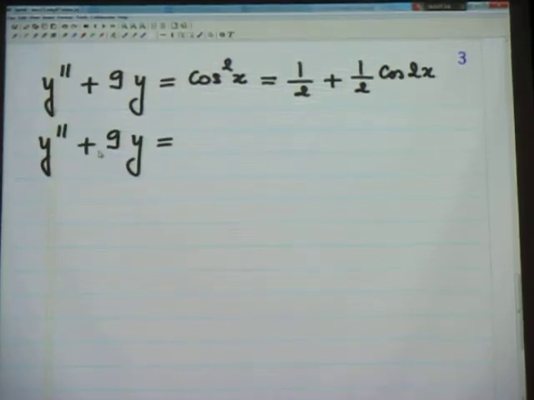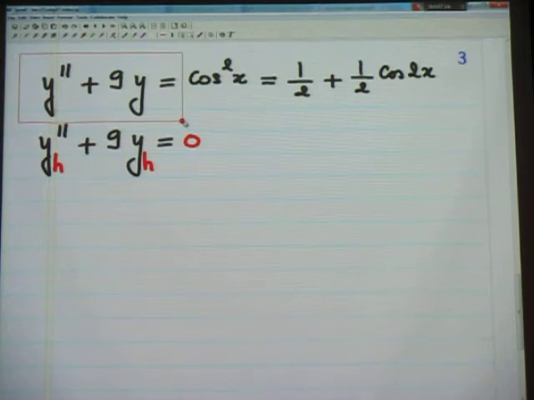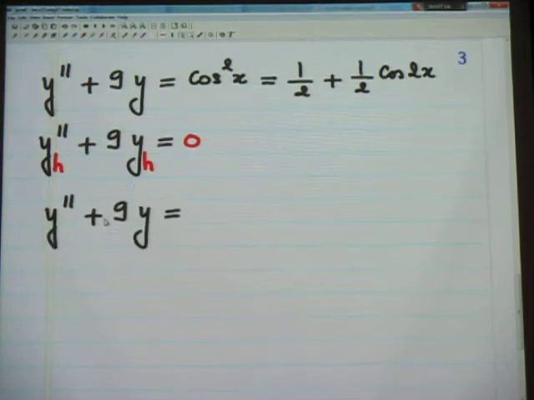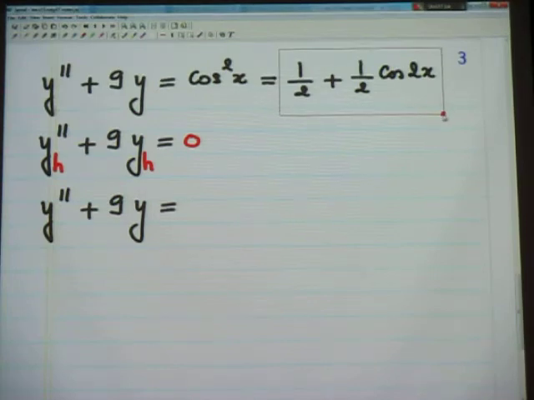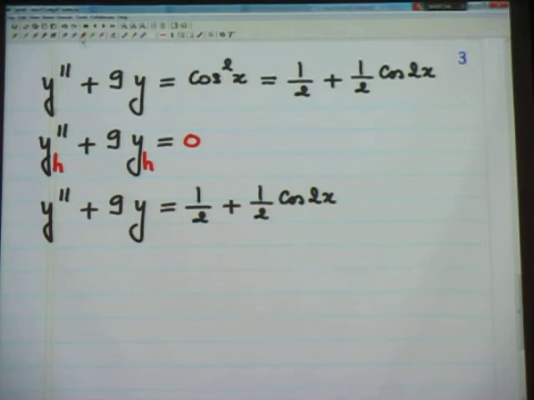The homogeneous part would be with the subscript h and with 0 on the right-hand side, and the particular part is essentially the same as written up there, but with p as subscript.